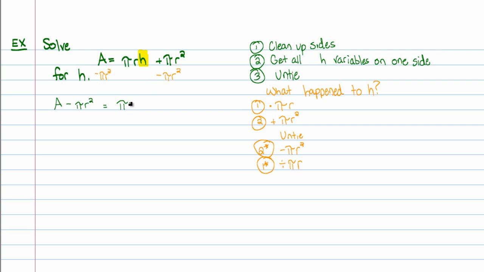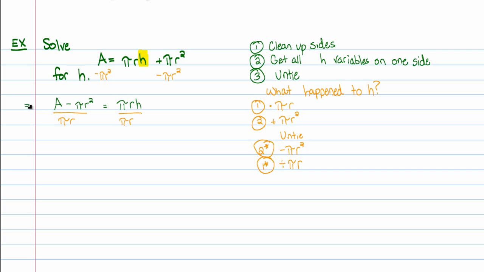Let's see, the right hand side is just pi r h. So that's the first thing we do to untie the knot that they tied up. The last thing we do here is to undo that multiplication by pi r by dividing both sides by pi r. So I'll divide the right hand side by pi and by r, and again the left hand side by pi and by r.